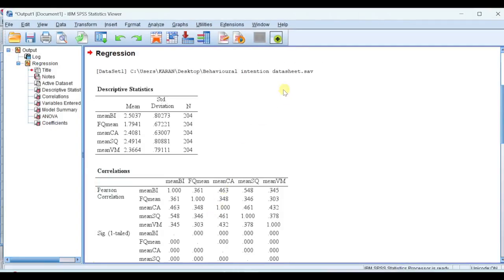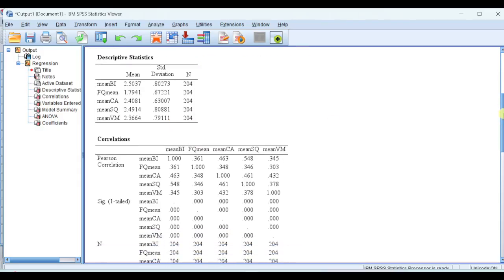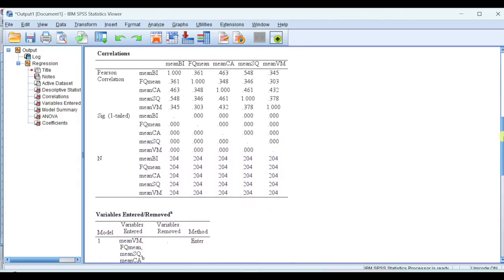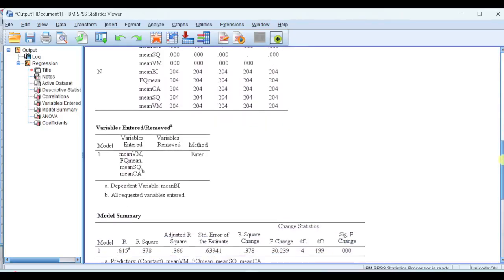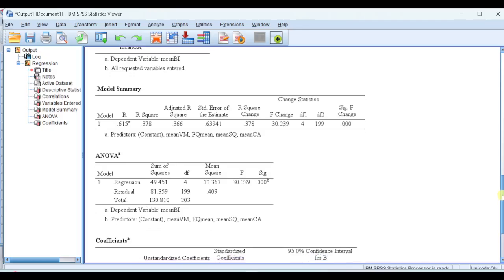Now, I got the mean, standard deviation and number of samples in each variable. So you see 204, it's constant for all, there are no missing values, the mean and the standard deviation. This was the descriptives. Now I'll go to the model summary.